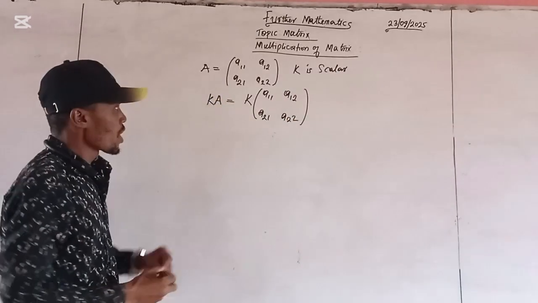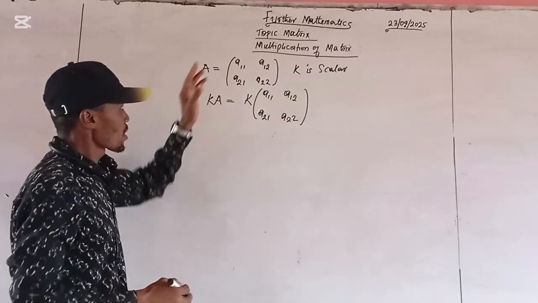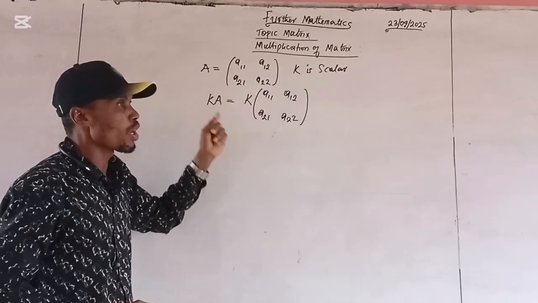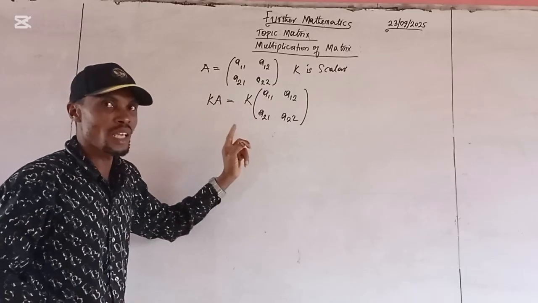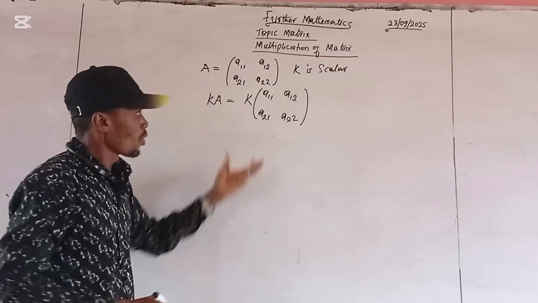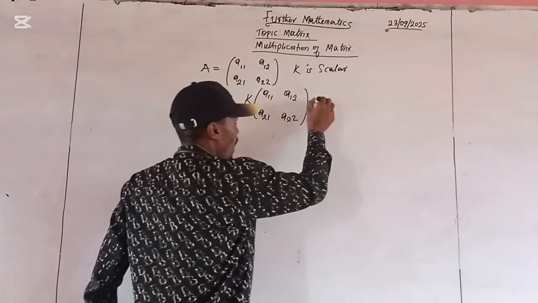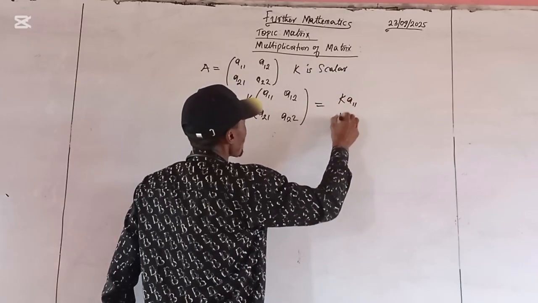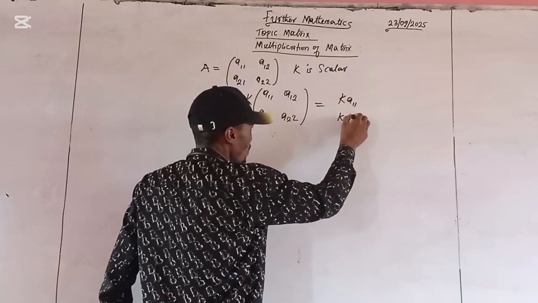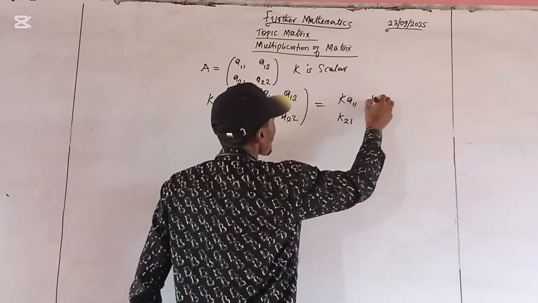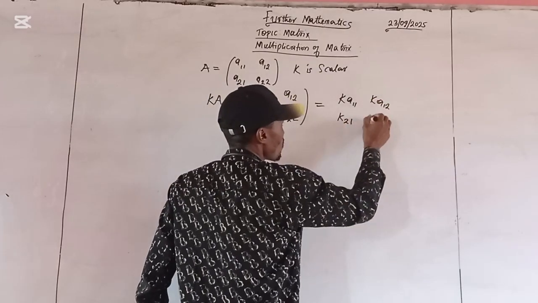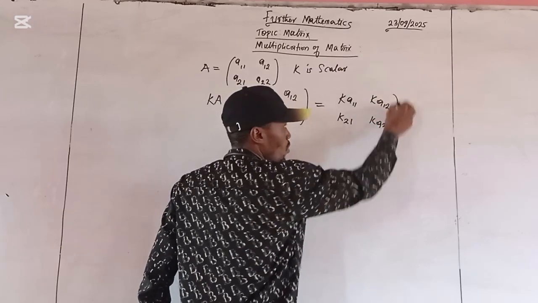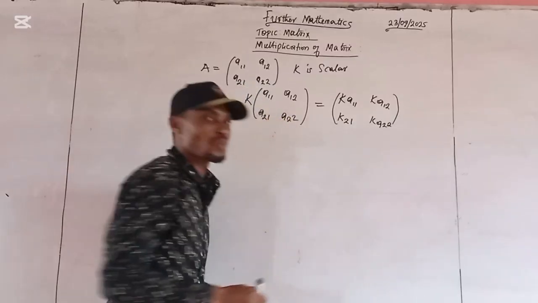So this defines that the scalar multiplication of a matrix is the product of the constant K and the matrix A. Opening up this bracket, you have K A11, K A21, K A12, and K A22, close bracket.